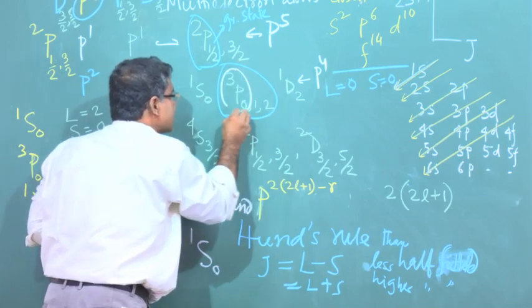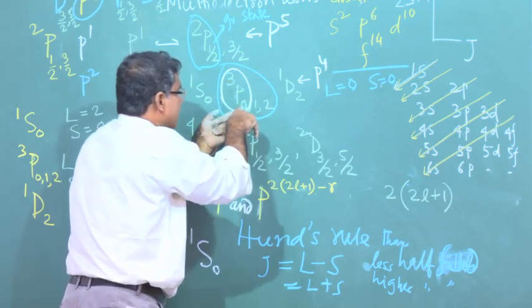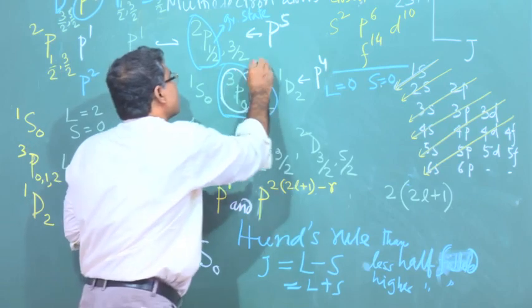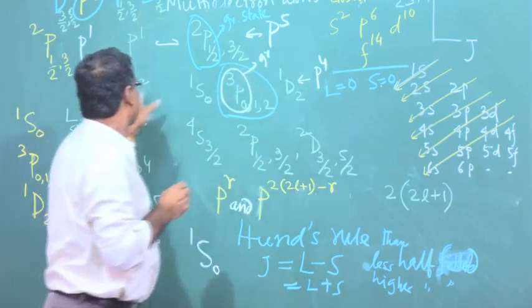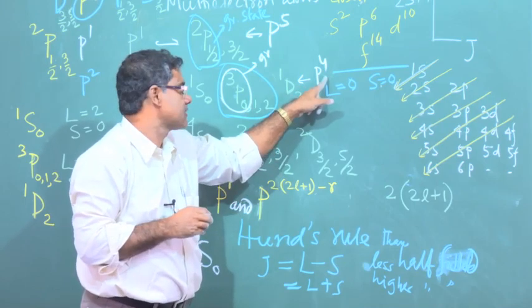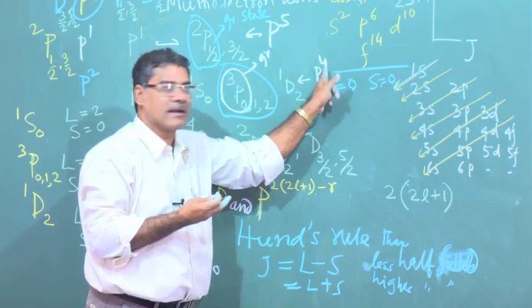So, for P2, S is maximized, and then for L there is no choice, and out of them the lowest J value will be the ground state for P2. But for P4, it is higher than half filled, because P3 is the half filled.